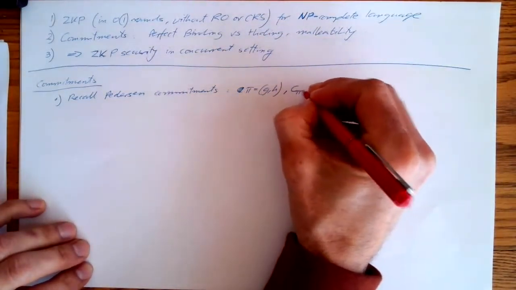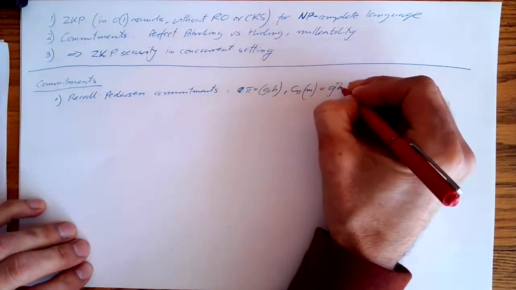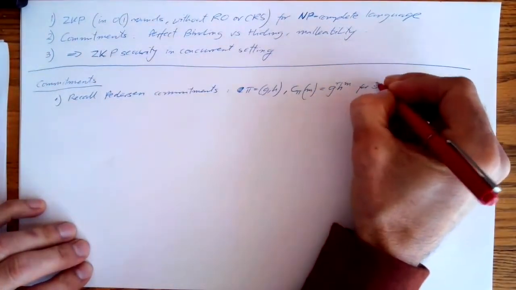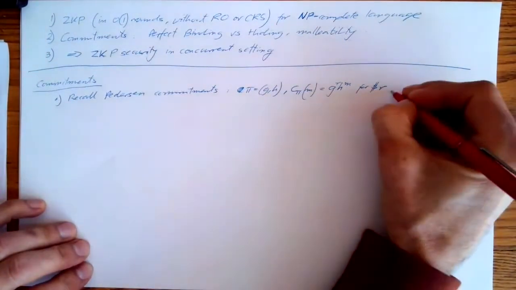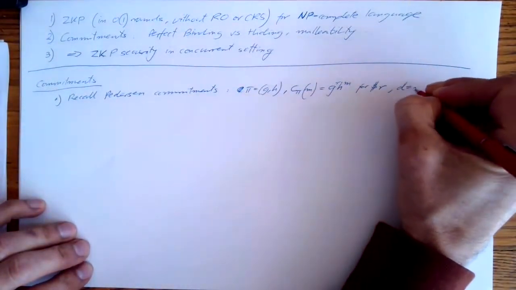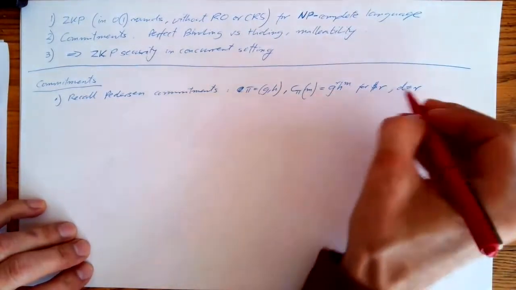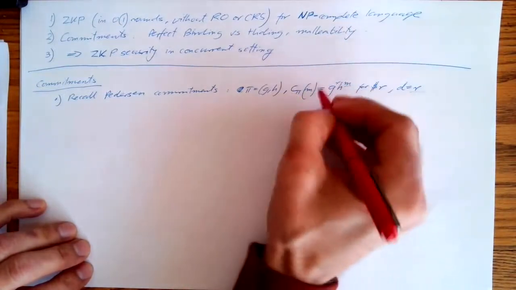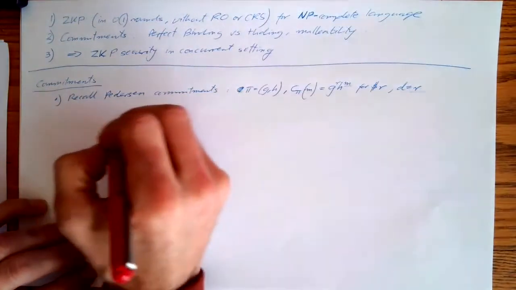The commitment to message M is G to the R times H to the M for random R, and the decommitment is the R. The opening is just, given the decommitment, the message and the commitment, you verify that it is right. And what were the properties?